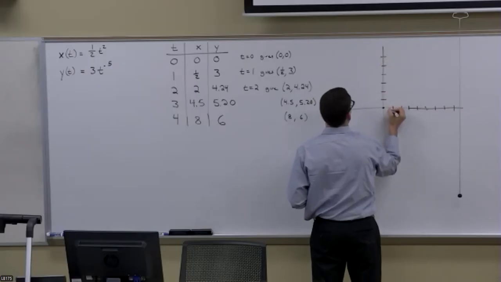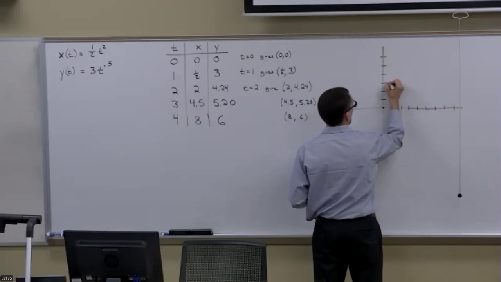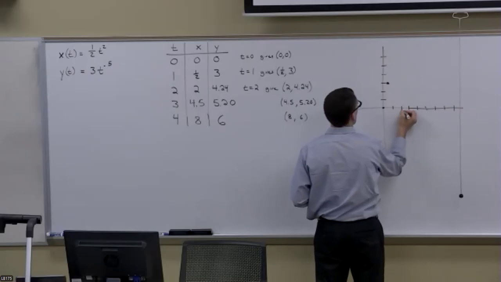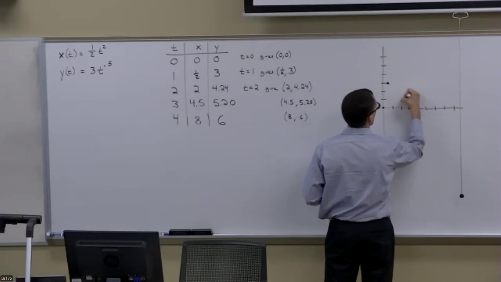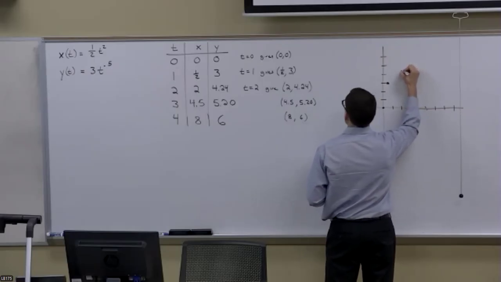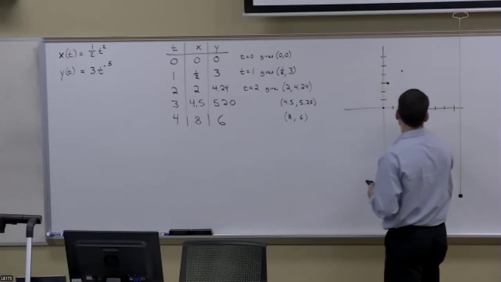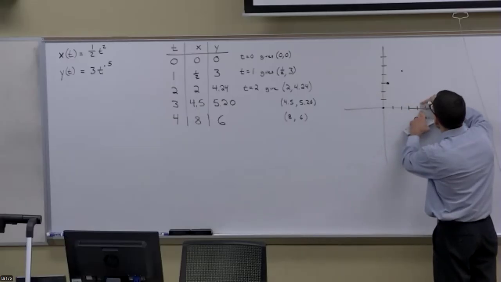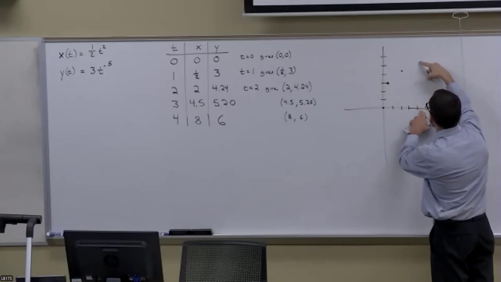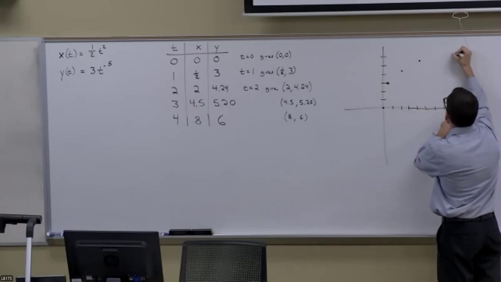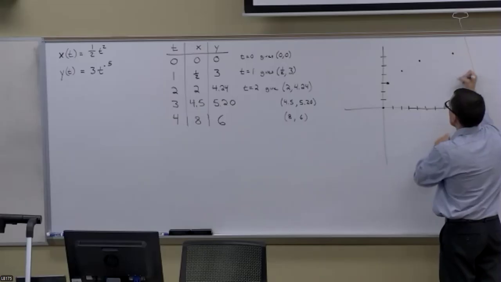So 1/2, 3 is right there. 2, 4.25. Right there. 4.5, 5.20. Right there. 8, 6. About right there.